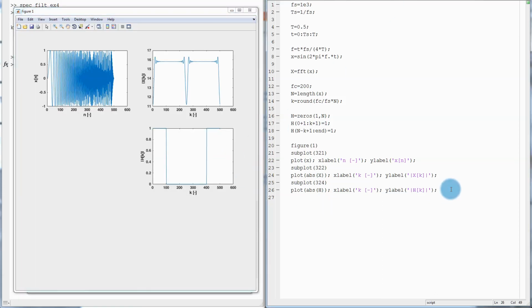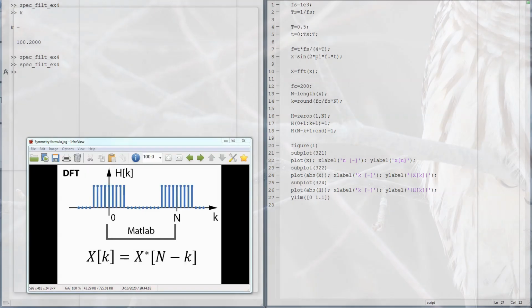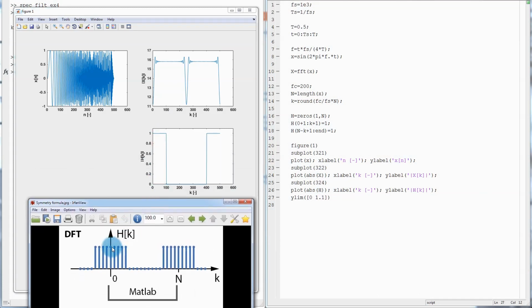Just to make it look slightly nicer, I will alter my y-axis. And now we can see it better. So this is my frequency characteristic, and you can see that it corresponds to this picture, except MATLAB is connecting these points with a straight line.